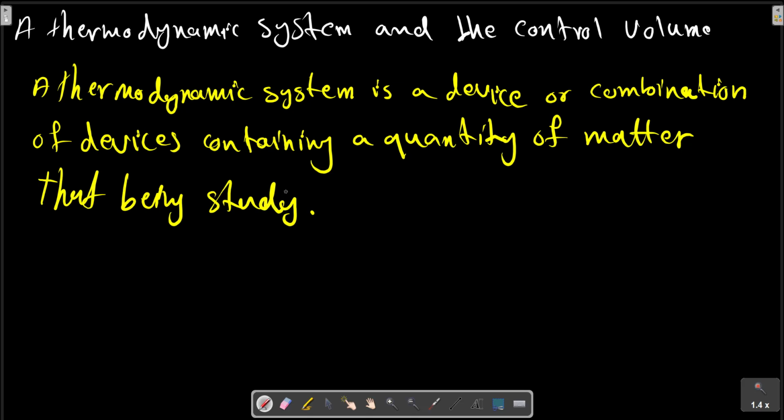To define these more precisely, a control volume is chosen.